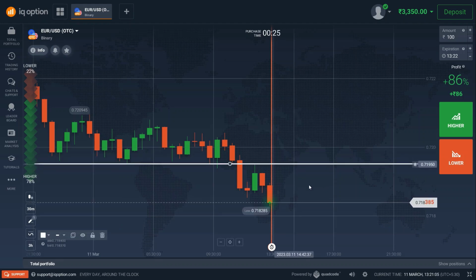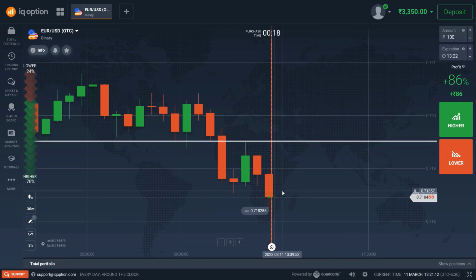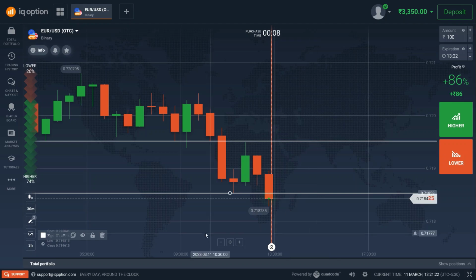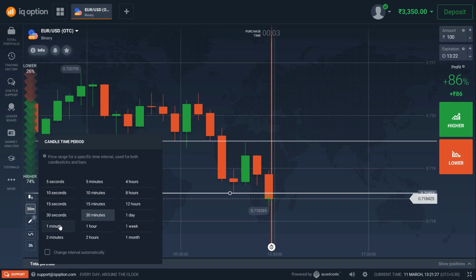So this is going to be a good key level on the 30-minute time frame for the market to reverse from this area. And you can also use this on a smaller time frame. Let me show you. You can expect the reversal from this area. So let's move back to the 1-minute chart.